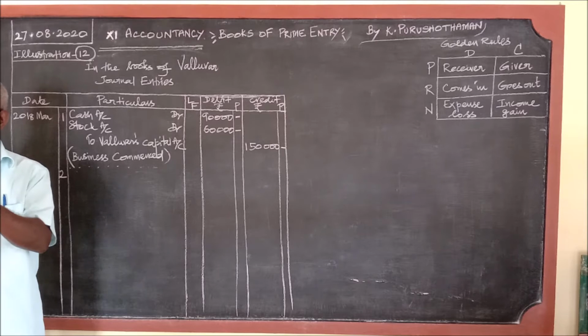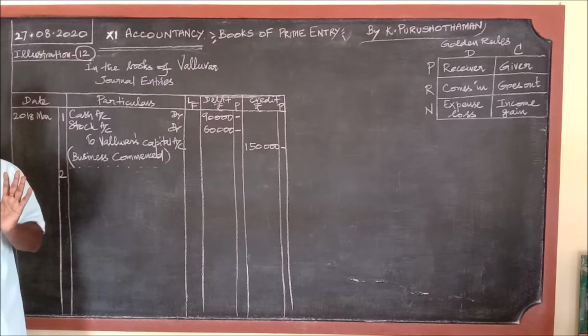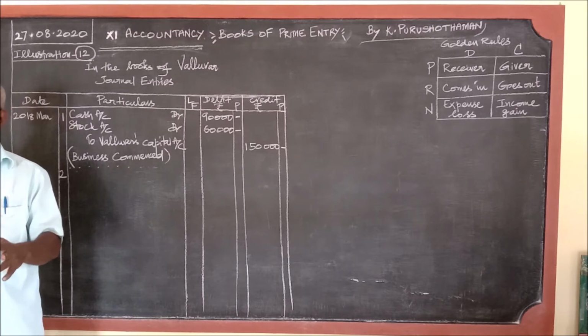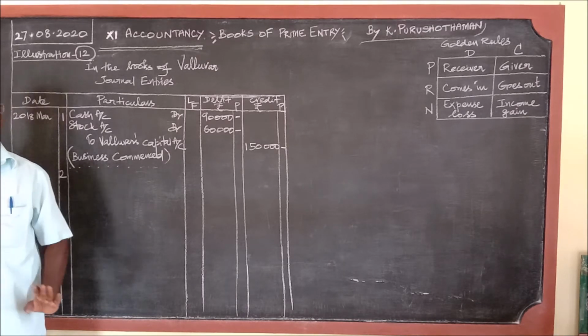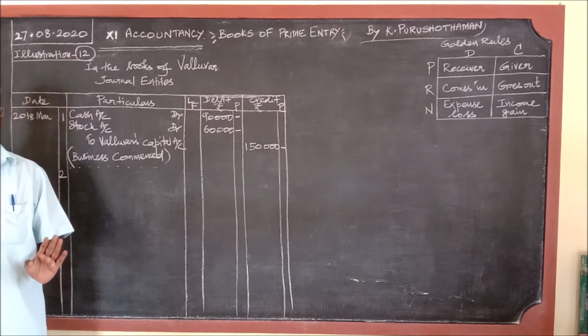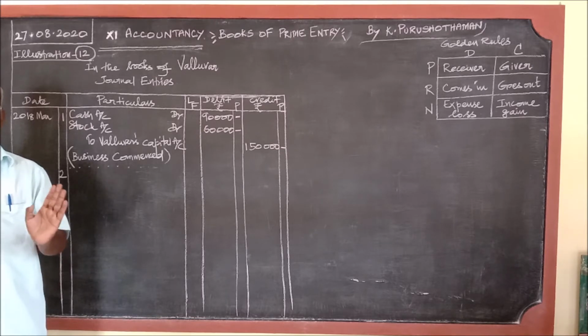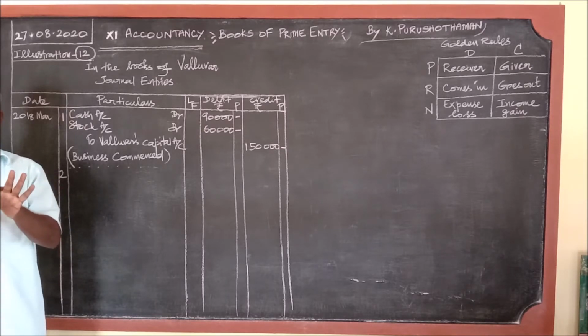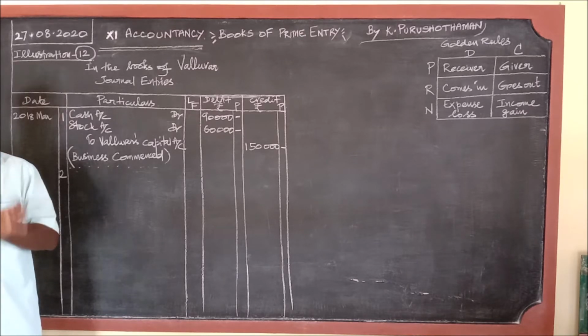For a motorcycle dealer, motorcycle is goods. For a paddy merchant, paddy is goods. So, you must remember them. That is why you should go through the heading. Valluvar is a person dealing in textiles.